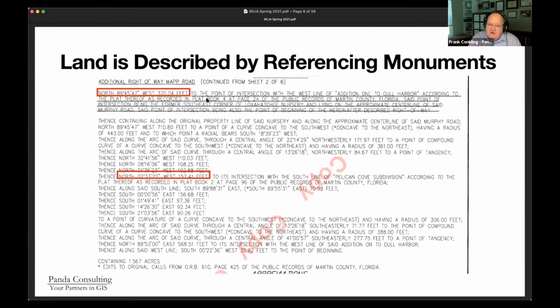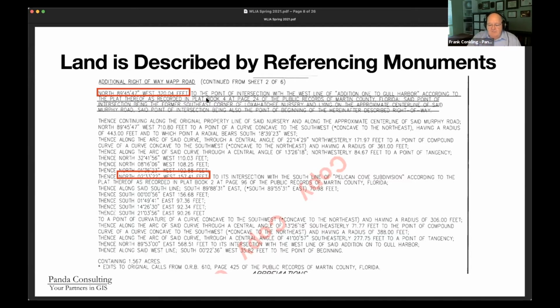That's where you start, not the directions, not the distance. It is those monument calls which really define where a piece of property is located.